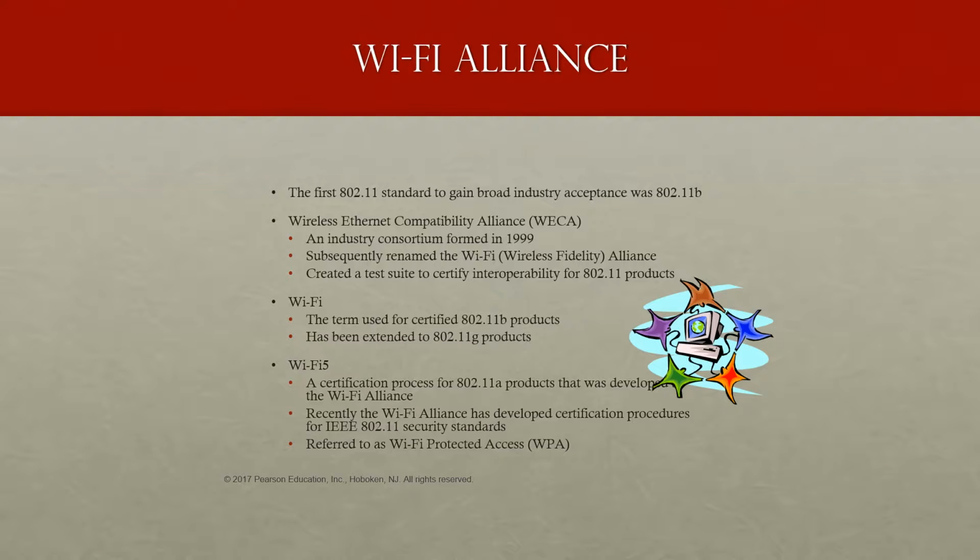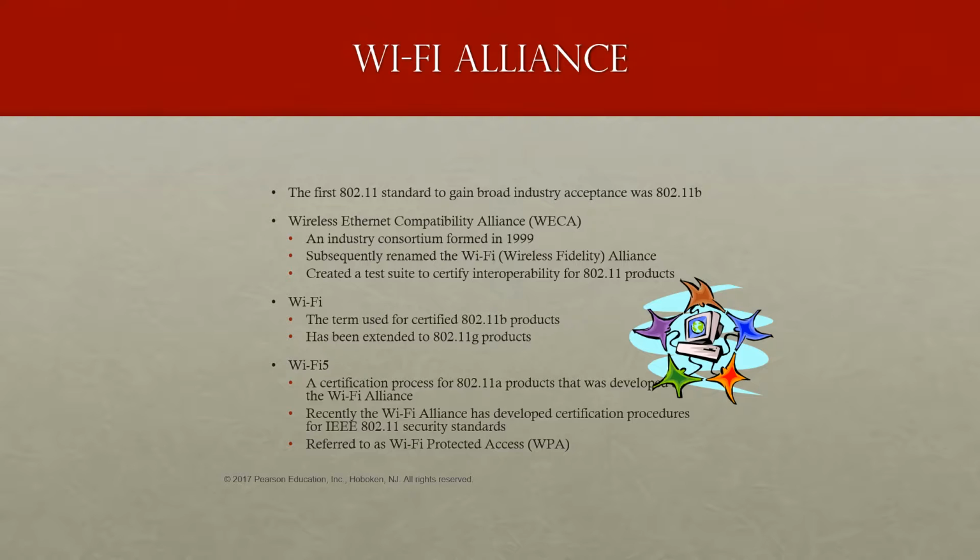Wi-Fi certification has been extended to 802.11g products. The Wi-Fi Alliance has also developed a certification process for 802.11a products, called Wi-Fi 5. The Wi-Fi Alliance is concerned with a range of market areas for WLANs, including enterprise, home, and hotspots.